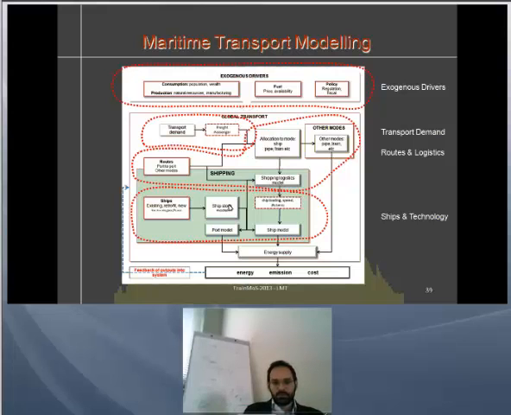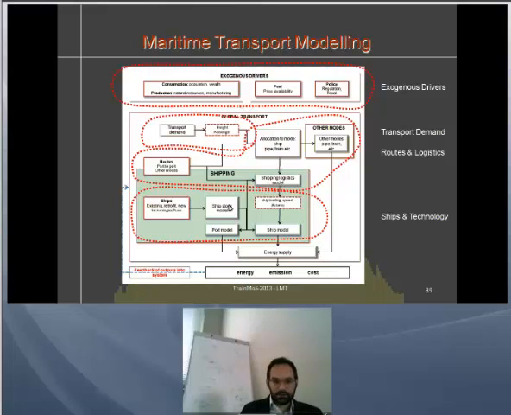So then we need to look into more technical details like the loading of the ship, the speed, the distance, and all these are fed into the ship model, and they create this branch of ship and technology in our model, which is connected to the previous one, the routes and the transport demand.